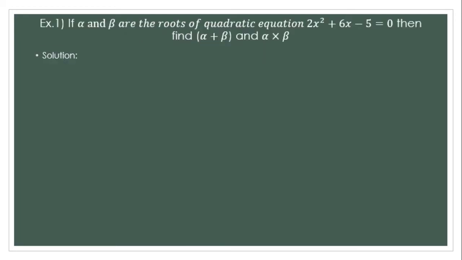In that, first one, if alpha and beta are the roots of the quadratic equation 2x square plus 6x minus 5 equal to 0, then find alpha plus beta and alpha into beta.